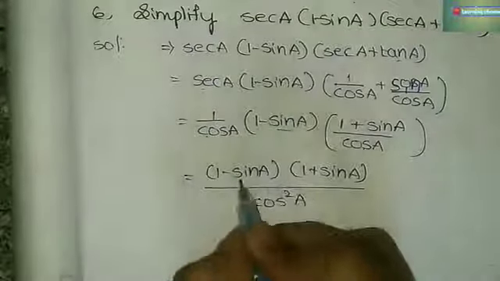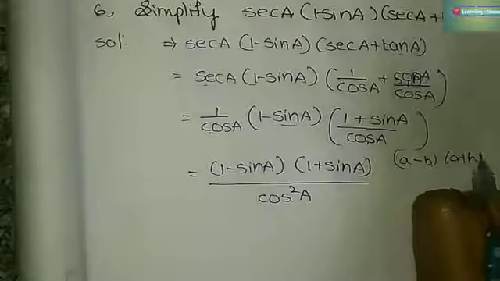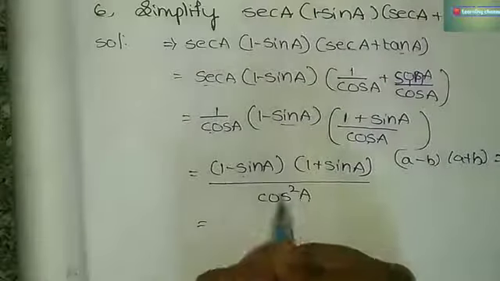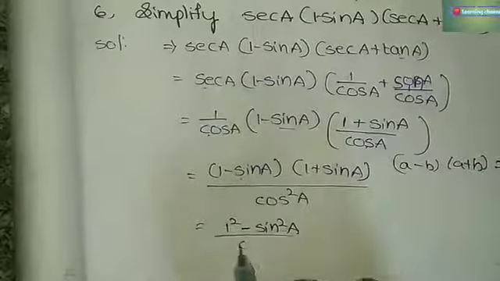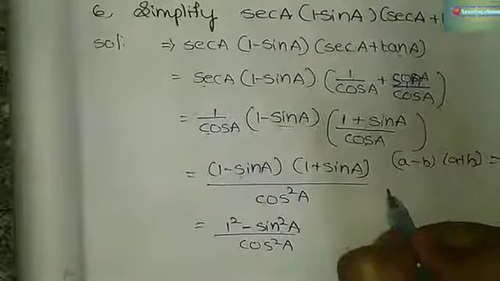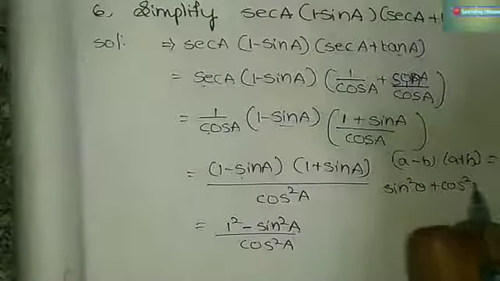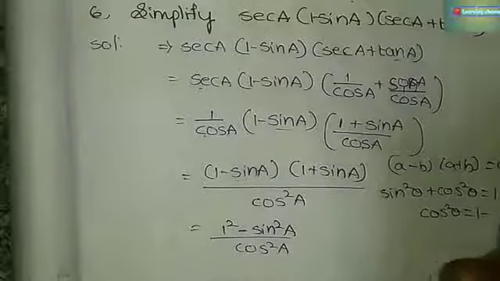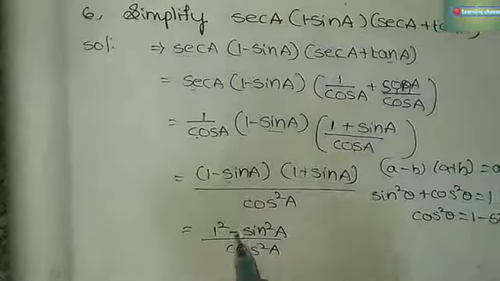Let us expand it. A square, that is sin square plus cosecant square plus 2 into sin a into cosecant a. This is one part. And the second one, cos square a plus secant square a plus 2 into cos a secant a.